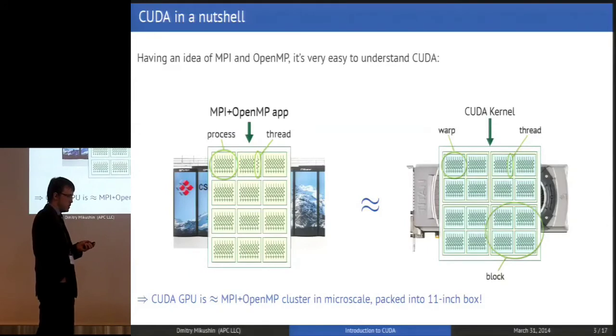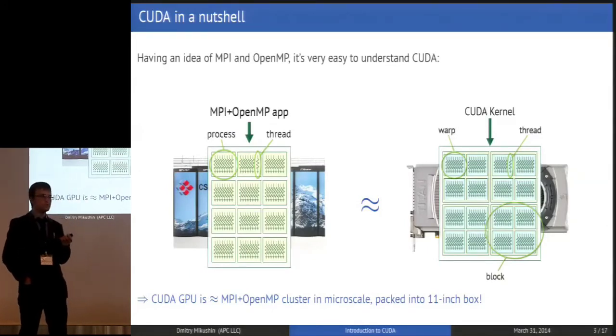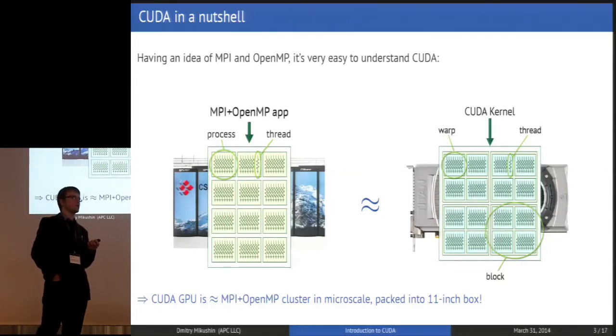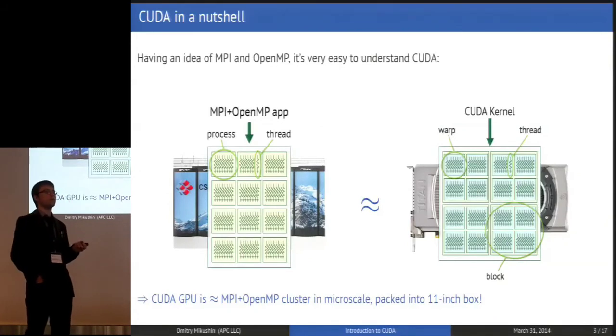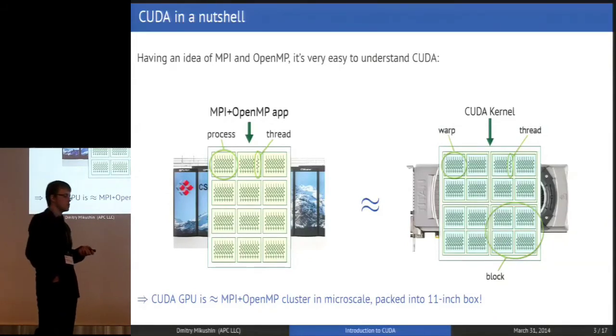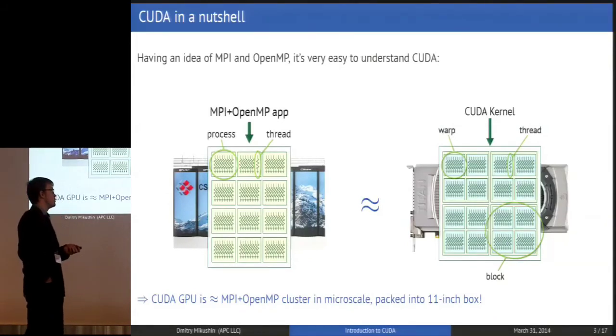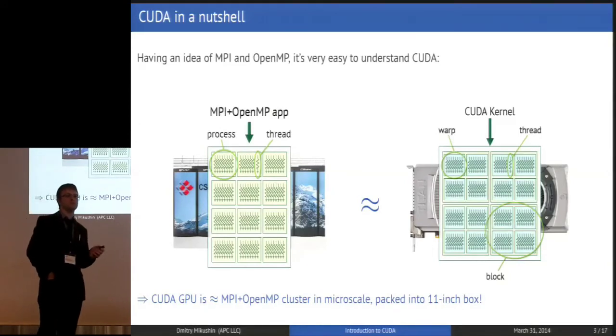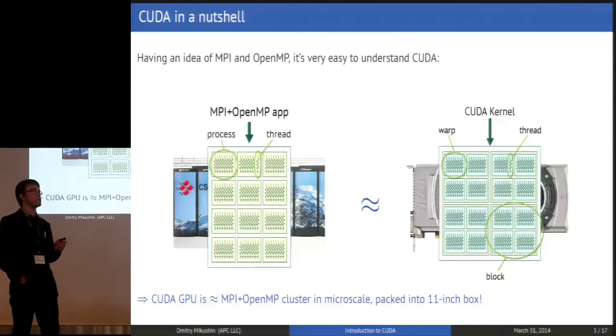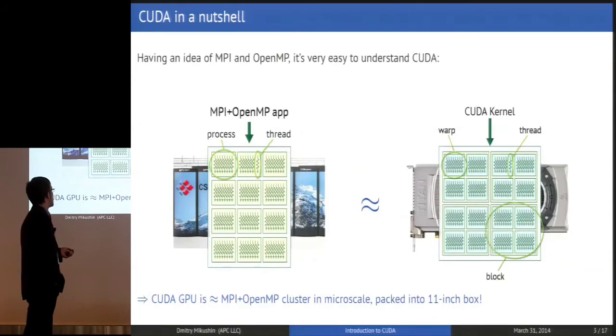Okay, so I suppose, although there are people here who never worked with CUDA, I think many of you are already working with MPI and OpenMP, right? So if you have experience with MPI and OpenMP, it's very easy to understand CUDA. I will do the following comparison.